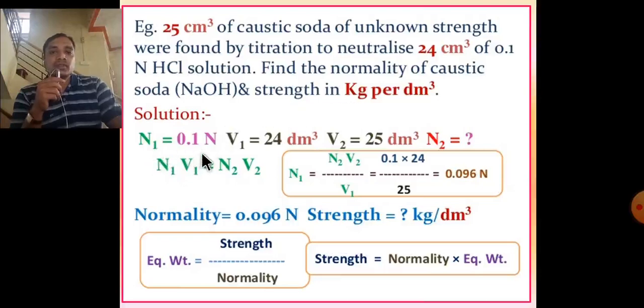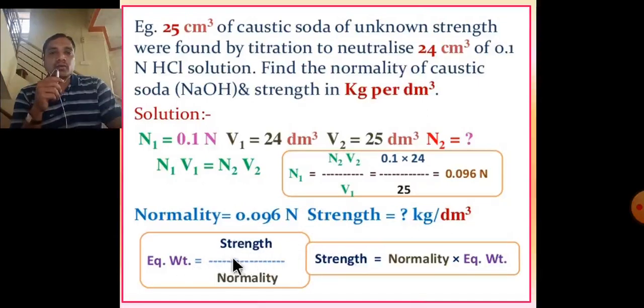N1 is equal to 0.1, V1 is equal to 24, V2 is equal to 25, and N2 is to be calculated. N1V1 is equal to N2V2, that is N2 is equal to N1V1 upon V2 is equal to 0.1 into 24 divided by 25. Therefore 0.096 is the normality of the solution.